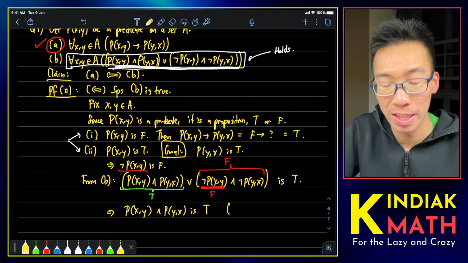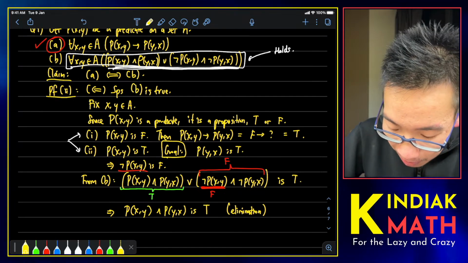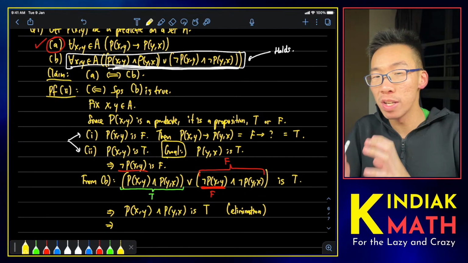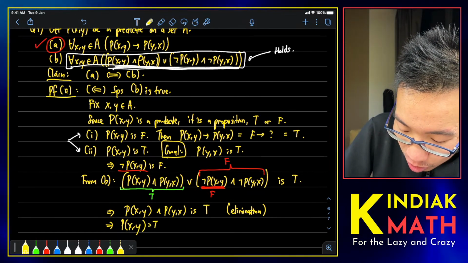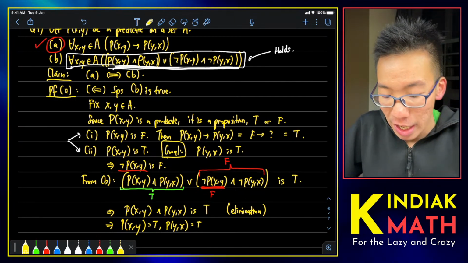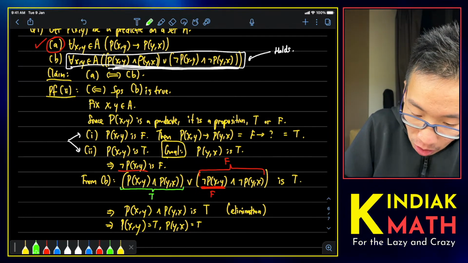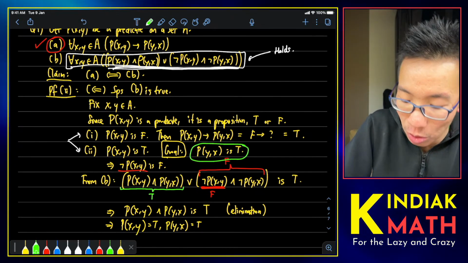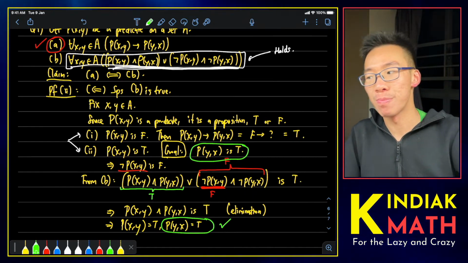I think the technique is called proof by elimination. But if the conjunction is true, conjunction being true is a really strict condition because we must have that both of them are true. And if we know that both are true, we know that what we are looking for, this is our goal, is true.